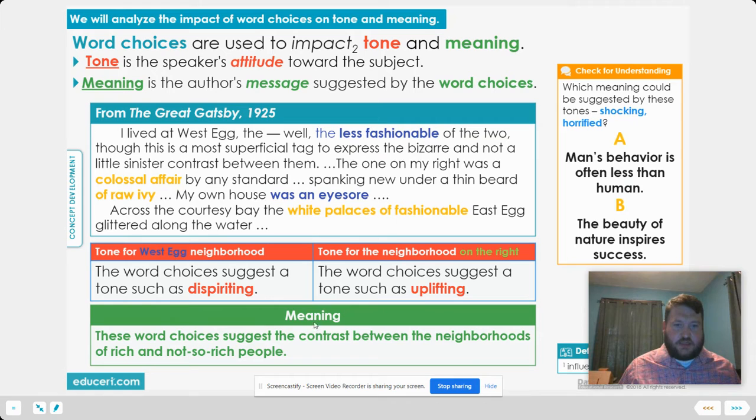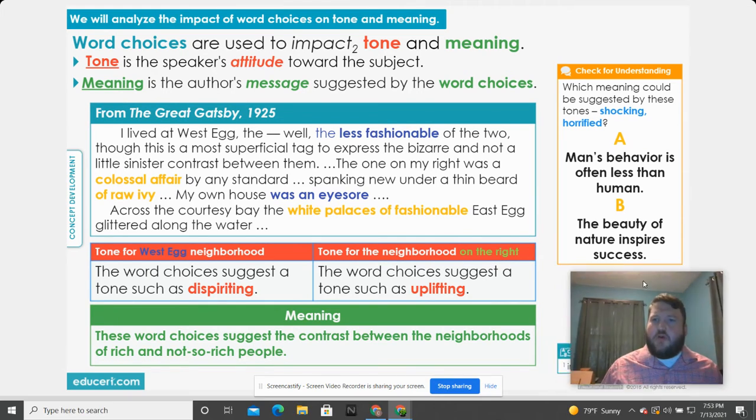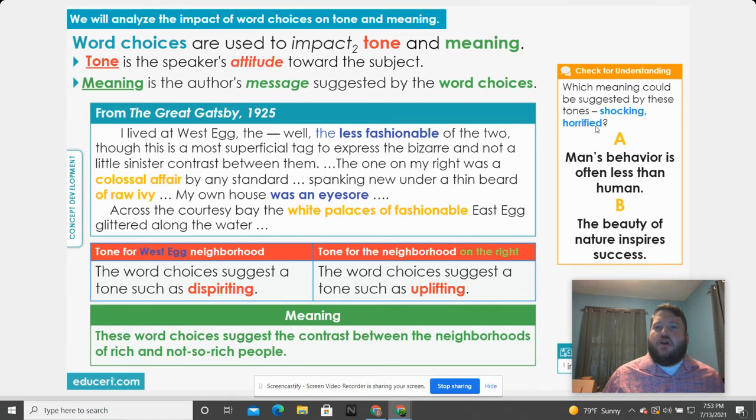If you put those two ideas together, the tone used for the West Egg neighborhood and the tone used for the other neighborhood, we can tell that what the author is doing is suggesting a contrast between the two, right? The not so wealthy neighborhood of West Egg and obviously the affluent neighborhood described on the right.